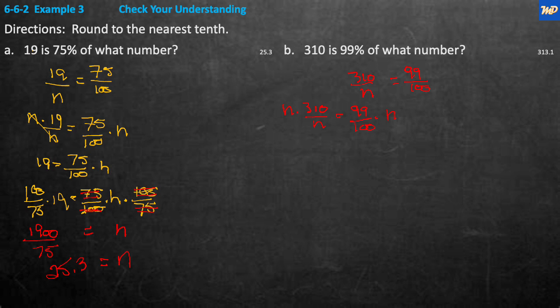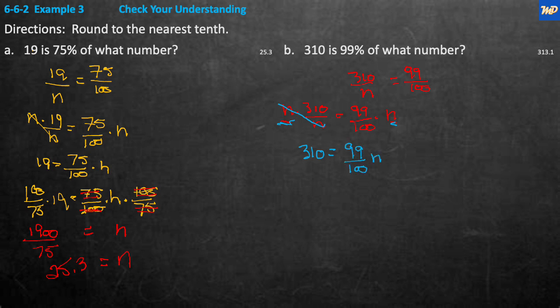Because I have to multiply both sides by the n. Both sides have to be multiplied by the n. Okay? And when we do that, these n's cancel, and we're left with the n on this side, and the 310 remains here, so it's 310 is equal to 99 over 100 times n.